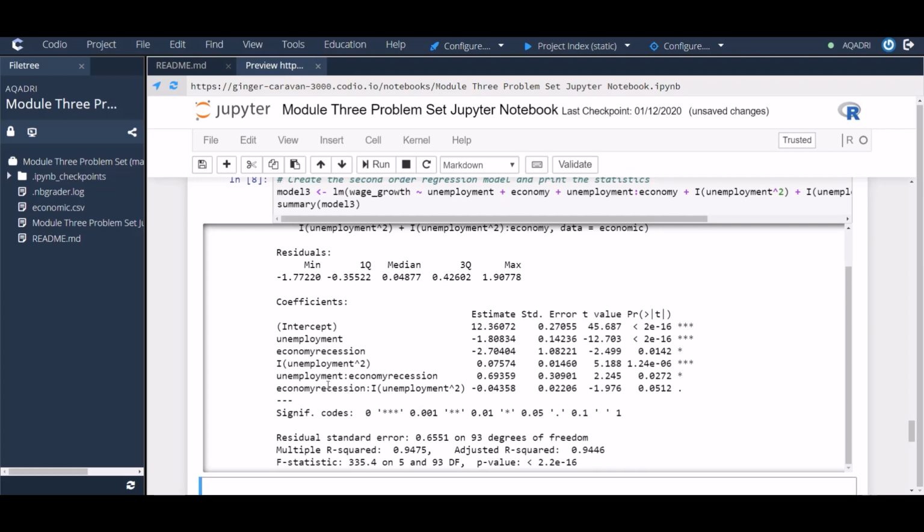Please make sure when you explain this in your problem assignment that you clearly lay out what the null hypothesis and the alternative hypothesis is for the overall F-test, as well as the individual t-tests. It's very important to clearly specify what the hypothesis test is testing. And then here are all your statistics that you can use to explain the utility of the model, how good of a model you have.